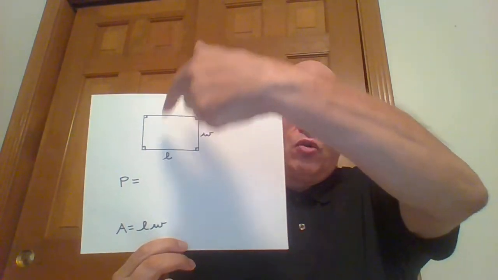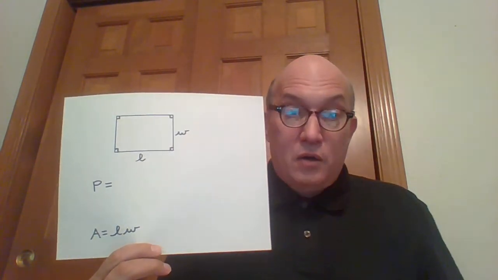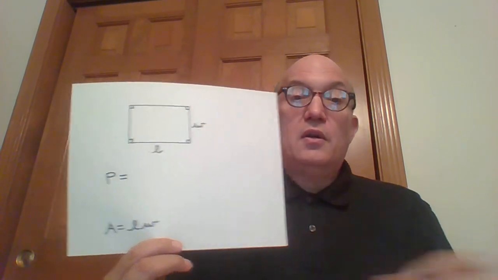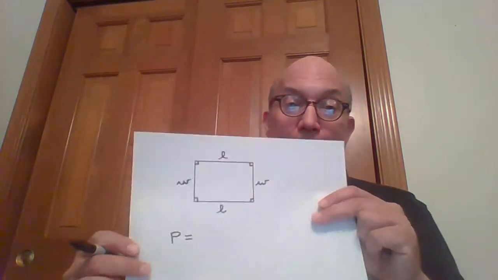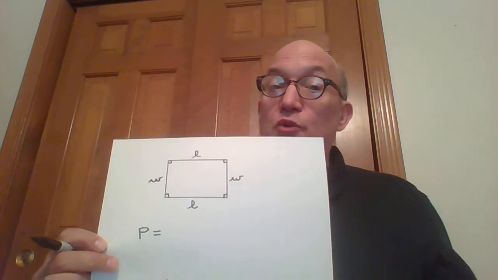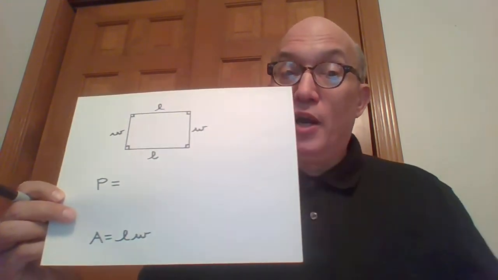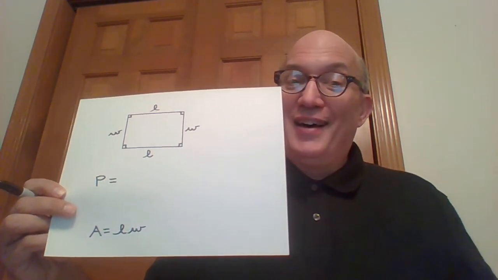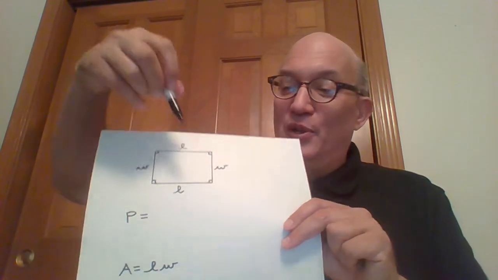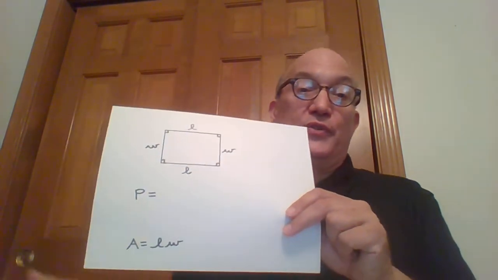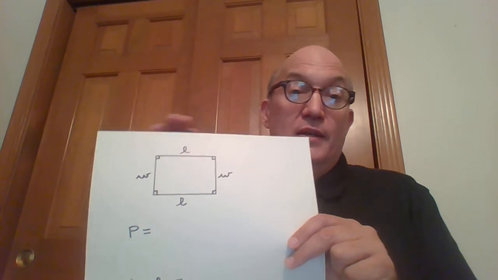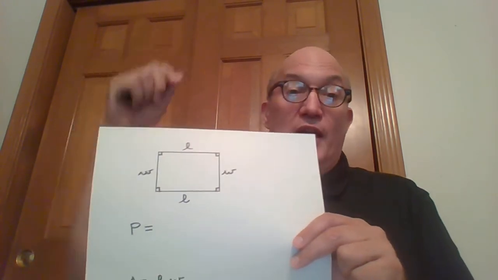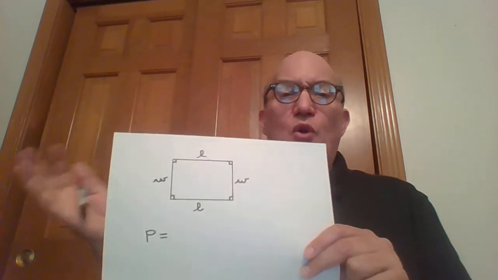The sides that are across from each other are equal to each other. They're the same length. So we really have an L up there and a W over there as well. Okay? When you see a rectangle drawn in a textbook, however, a lot of the times you'll only have one of the lengths and one of the widths identified or labeled, but you have to realize the ones across are the same.